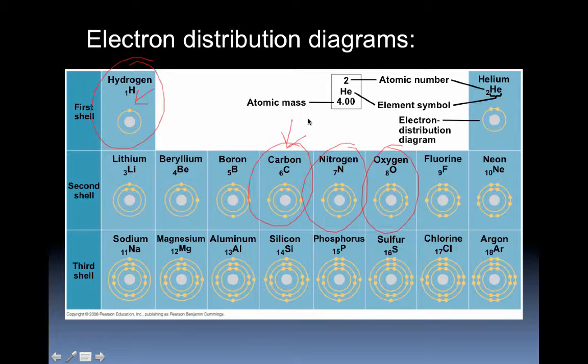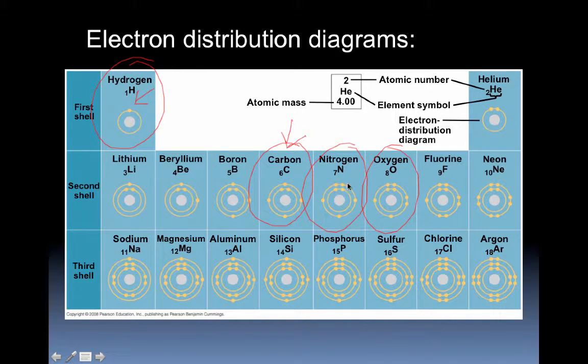As you're adding electrons to these diagrams, you always start with the lowest energy level electron shell and fill that orbital with 2 electrons, and then go out to the next electron shell and start placing 1 electron into each of the 4 orbitals there until you start pairing up. In the case of carbon, we have 4 unpaired electrons in this outer shell, or 4 valence electrons, and therefore carbon is likely to form 4 bonds to become stable.